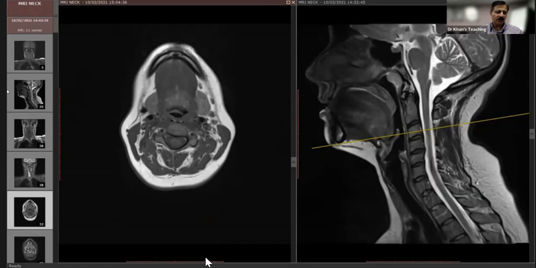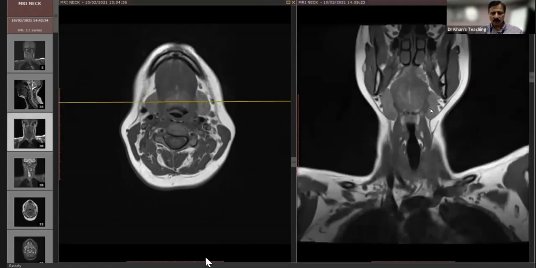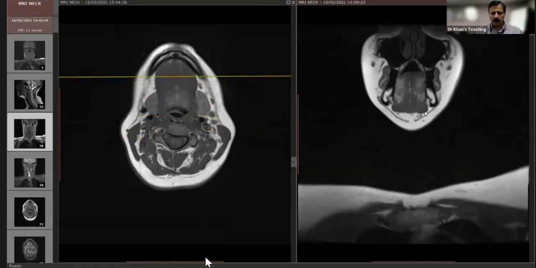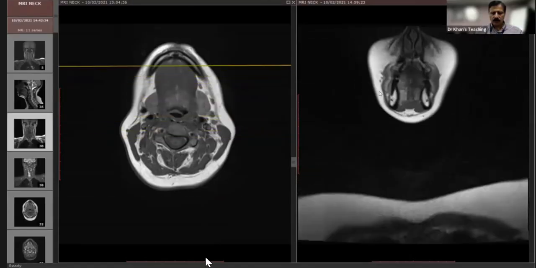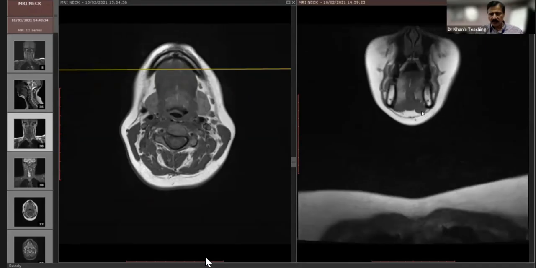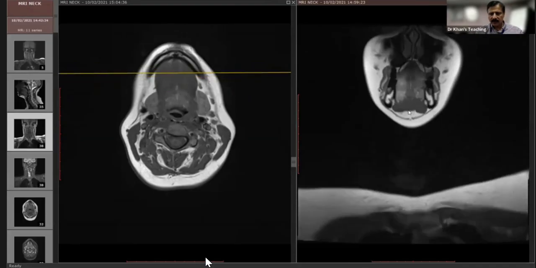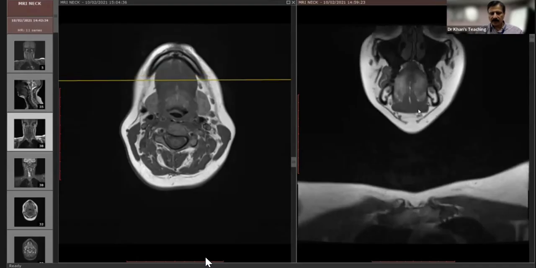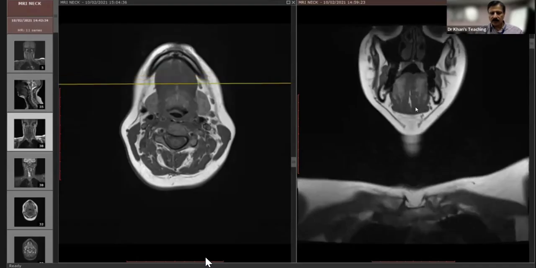Let's see. Let's go to a coronal. So this is a coronal sequence. Now, do you see this from here to there is a muscle here? So this has to be the anterior belly, and this is the mylohyoid sling, and then everything becomes a bit difficult to see.